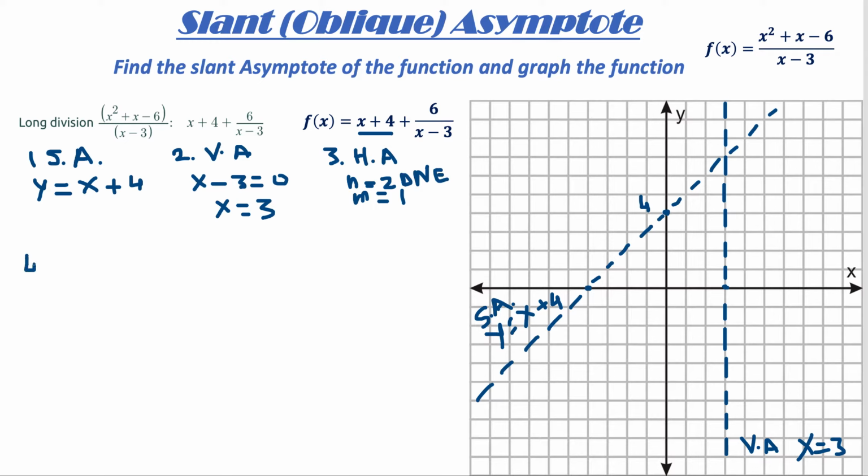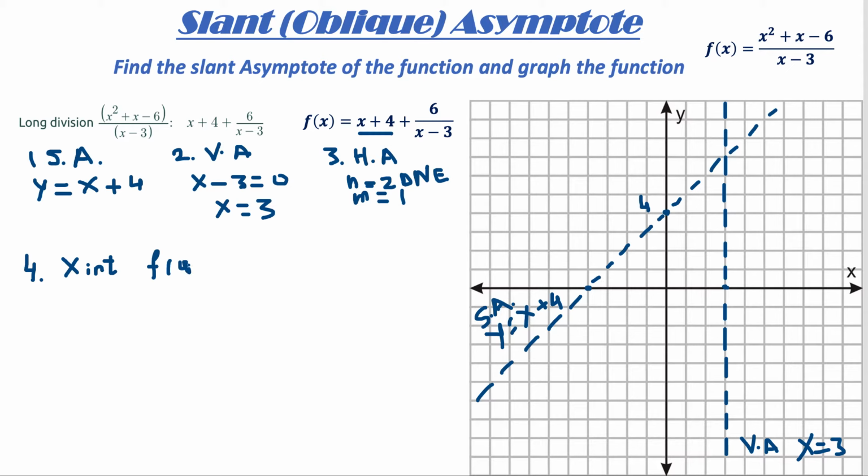And number 4, let's say x-intercept. To find the x-intercept, I am setting f of x equal to 0, so I'm taking a shortcut, and I'm taking the numerator and equating it with 0. So f of x is equal to 0.